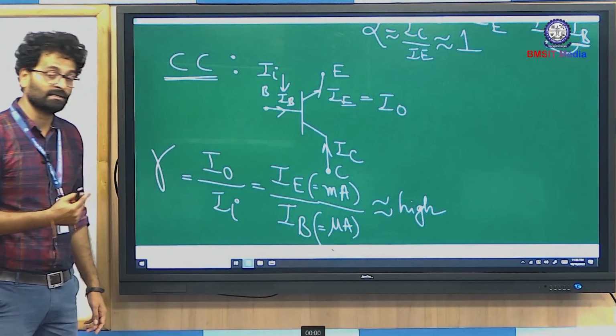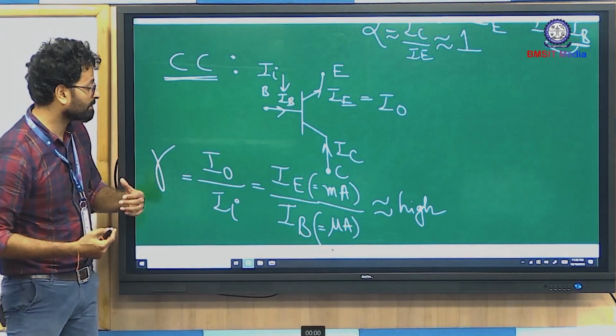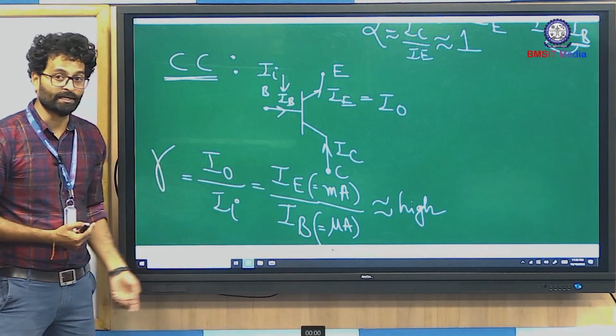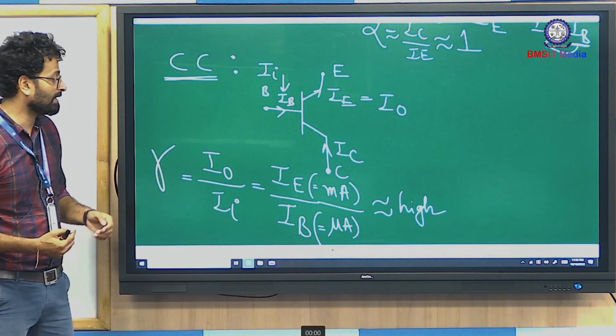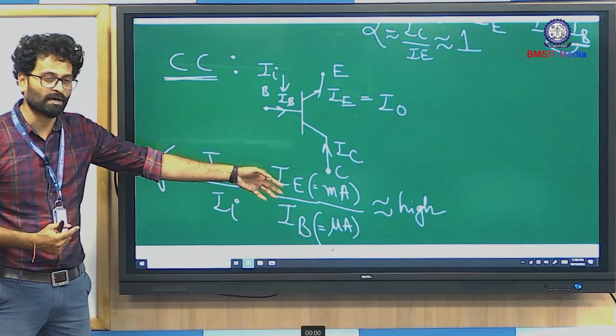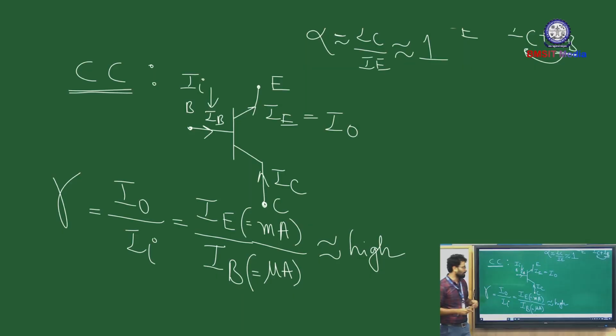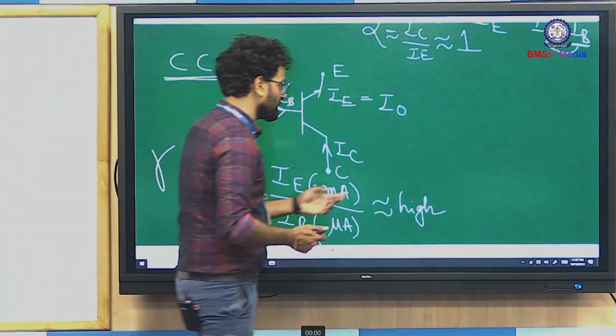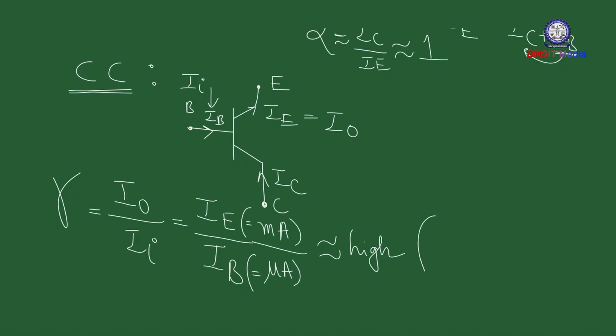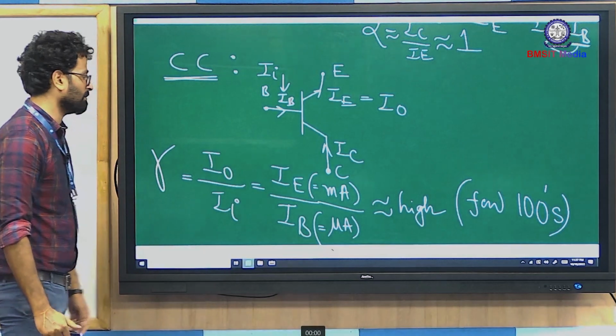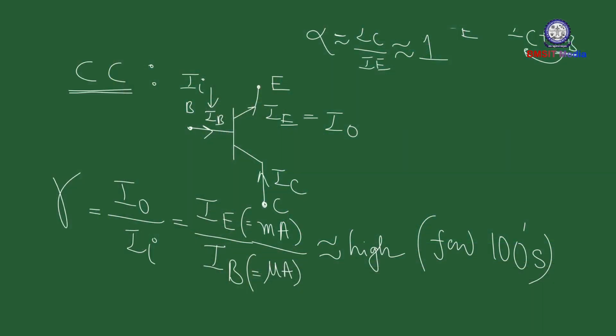The only difference is that in case of common emitter, you have IC in the numerator. On the other hand, in case of common collector, in place of IC, what do you have? You have IE, and IE and IC are approximately equal to each other, and that's why just like your beta, you get pretty high gamma as well, right? So gamma is pretty high. It is in the range of few hundreds. Remember, it is unitless, because current by current gives a dimensionless quantity.